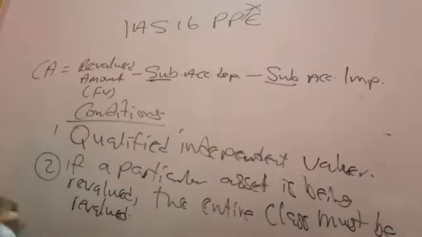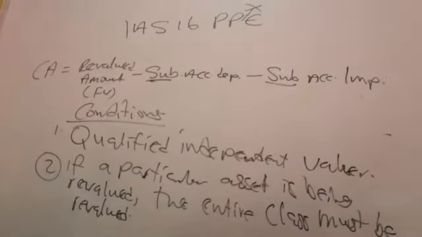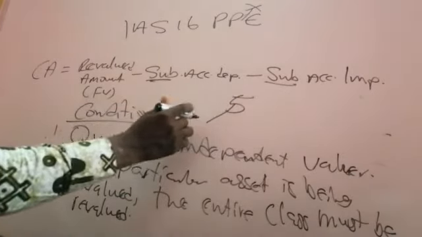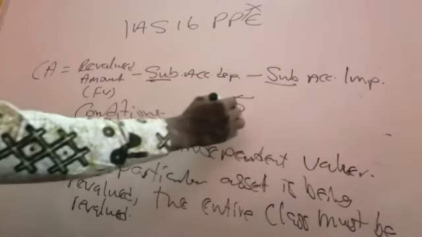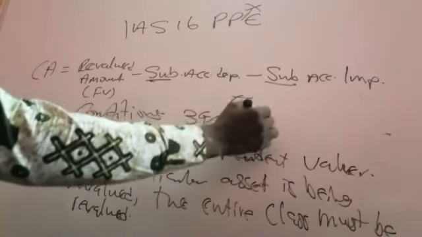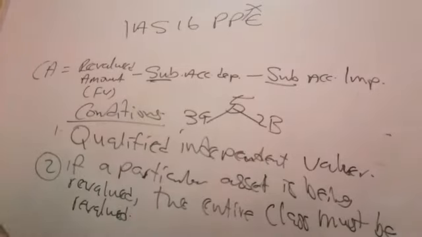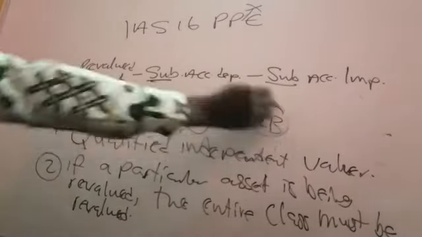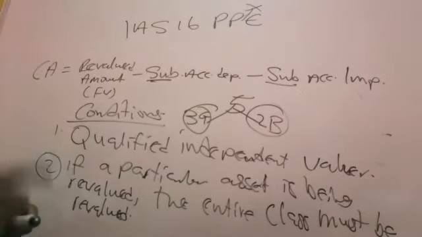What you're saying is this: assume that we have 5 trucks. Probably 3 are in good shape, 2 are in terrible, bad shape. So you decided to revalue the 3 and leave the 2. No. Even if you revalue just one truck, all the other 4 must be revalued.